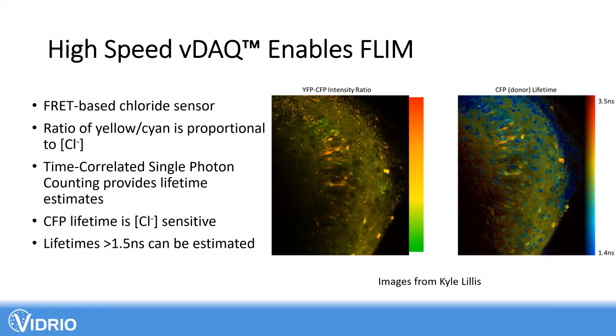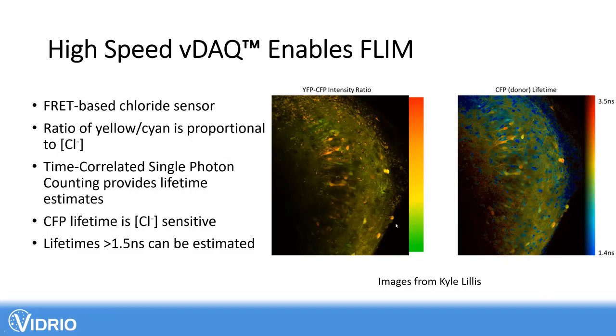But when you're imaging in hippocampus, I think there are a lot of light scattering issues, and this can affect the calculation of this proportional ratio. So he's been exploring whether he can do lifetime, and it turns out that CFP lifetime is also chloride sensitive.